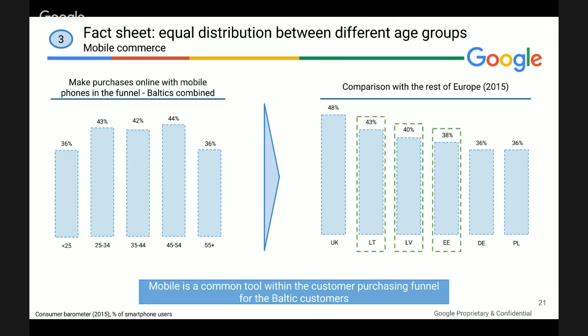On the right-hand side, we see the comparison with other markets, and in terms of mobile usage for purchasing online, Baltics is really looking good, and mobile is actually a pretty common tool when it comes to the purchasing funnels for Baltic customers. So again, a lot of opportunities in the future, but the market is already here. So again, we should utilize the opportunities and chances that we have now.